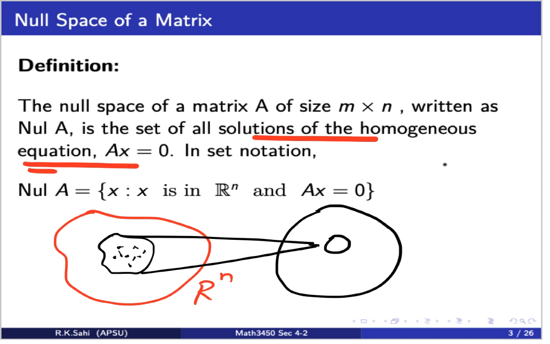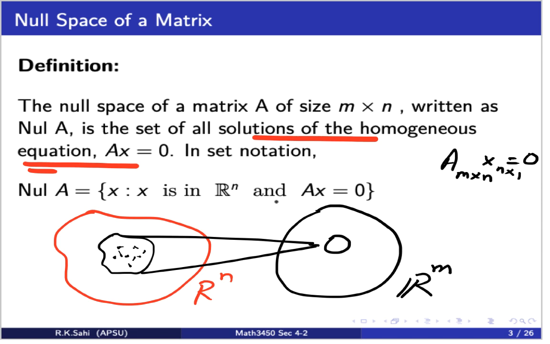So remember, if you have A, a matrix of size m by n, and it acts on this vector x, which is n by 1, in a homogeneous equation they're all mapped to the 0 vector. If we translate it into the linear transformation, the matrix transformation world, it is a transformation from Rn to Rm.